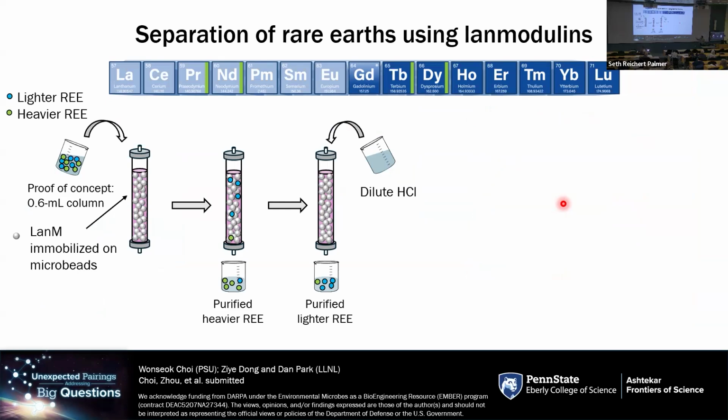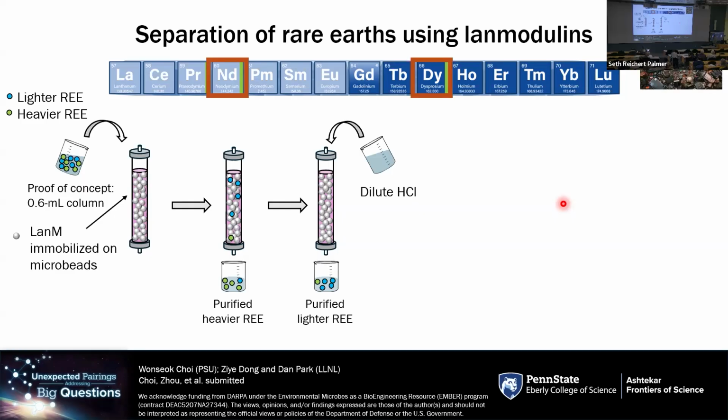And so here we're doing the same thing. And the idea with immobilizing the protein and putting it through the column is first we will get a purified, or we hope to get a solution of purified heavy rare earths because they bind a little bit weaker to the protein. And then we can elute with a dilute acid and purify the lighter rare earths that bind a little bit tighter.